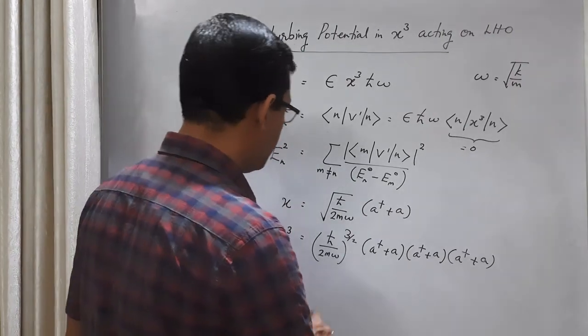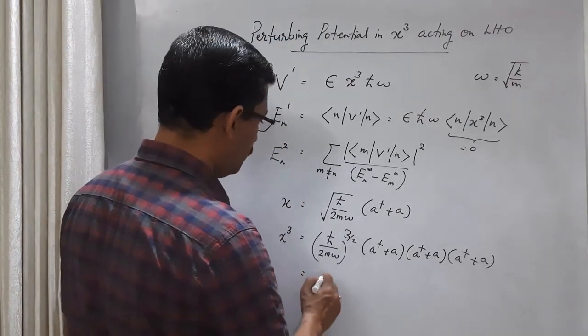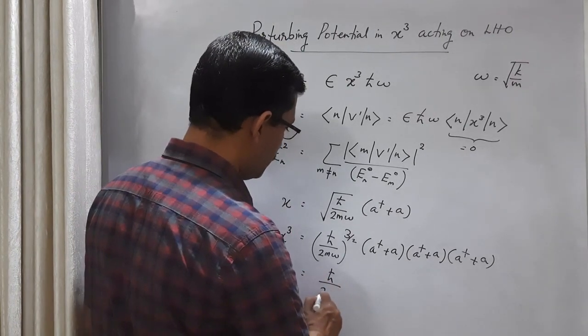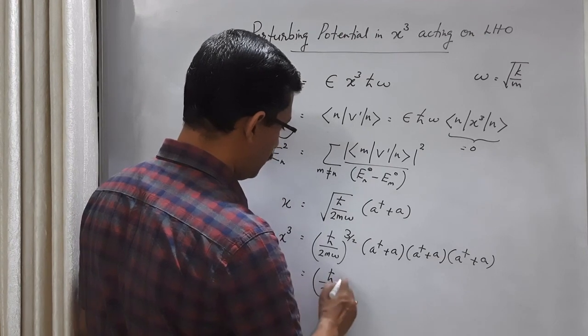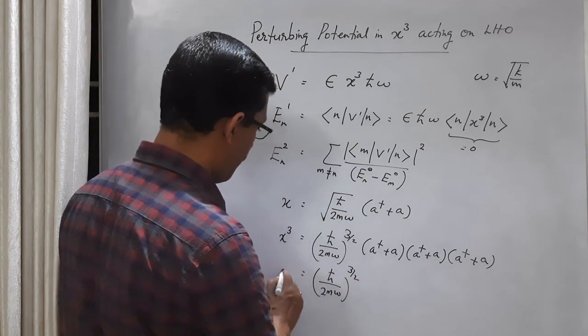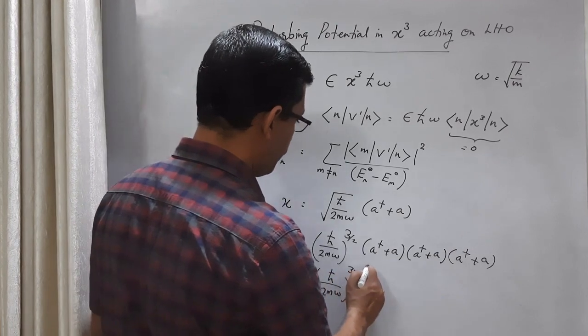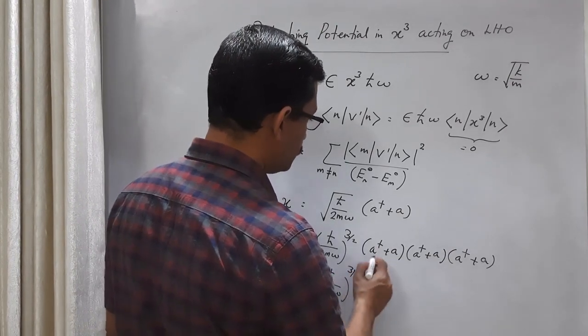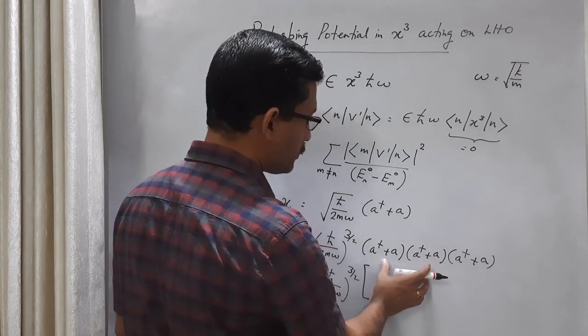Okay, so let us expand this. h cross by 2m omega all raised to 3 by 2. I will expand these two first.